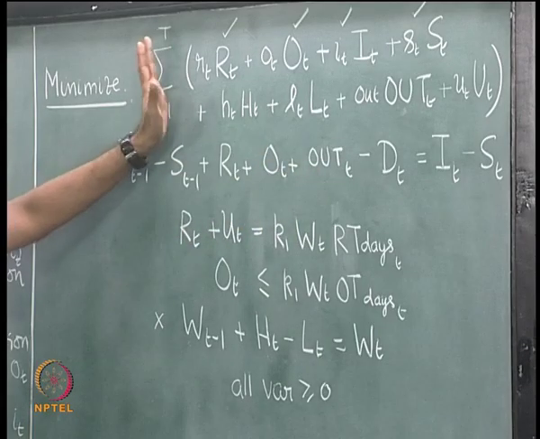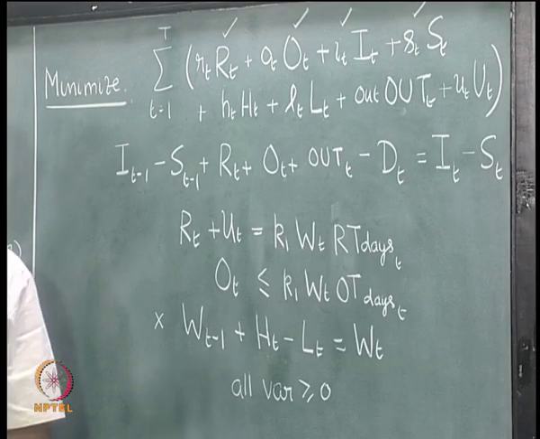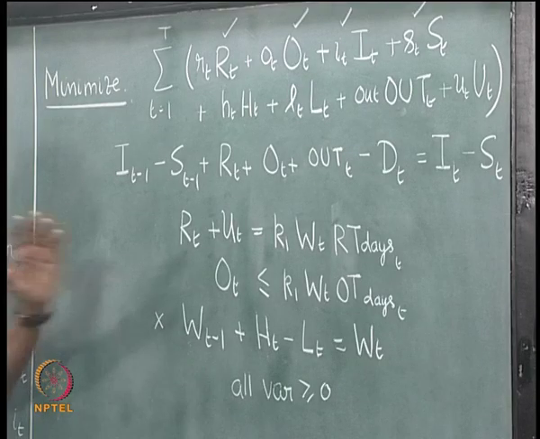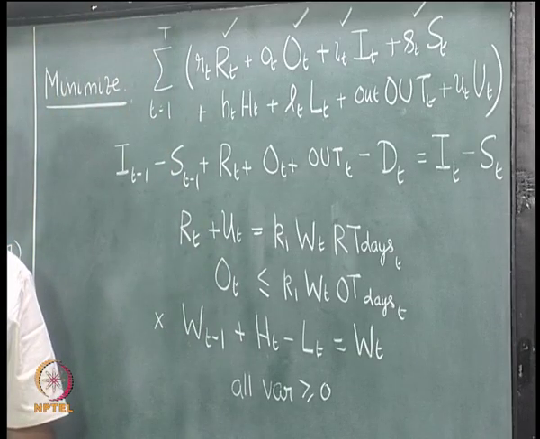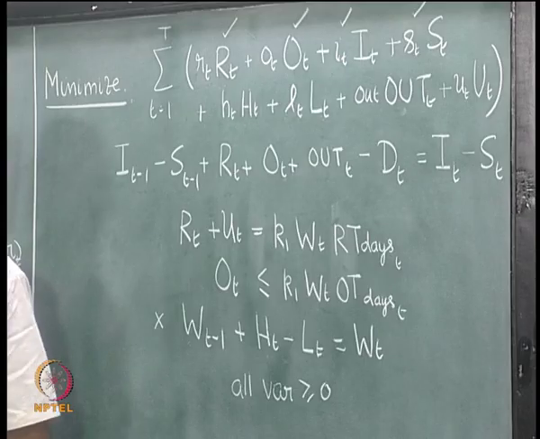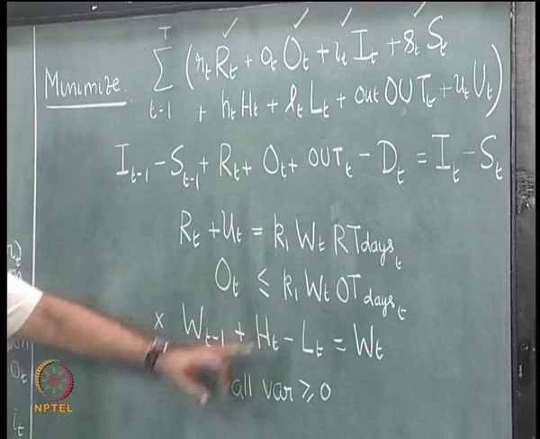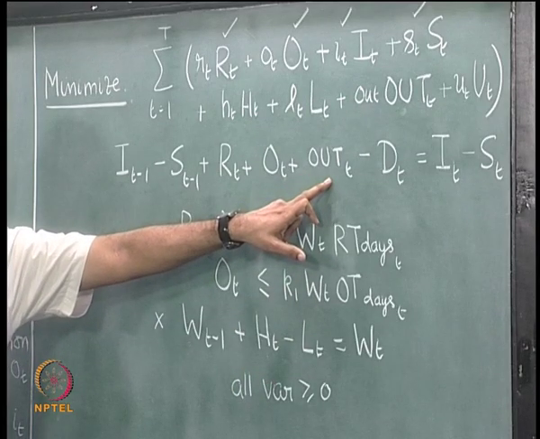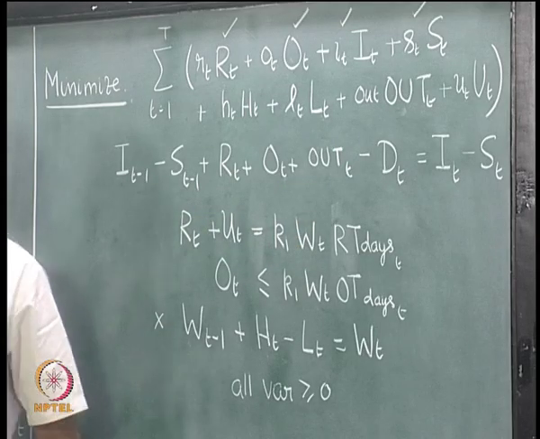So, what we do now is we go back to the first spreadsheet, we see the solution given in the first spreadsheet, and then we also provide the solution in the optimization problem, where we are modifying this LP formulation to meet the assumptions of the first spreadsheet, where we consider only 4 costs, a constant workforce and no outsourcing. So, we are going to consider only regular time, overtime, inventory and shortage.